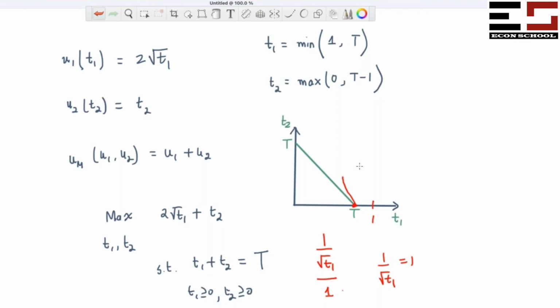So this is how it's going to look. Is this fine? And in that case, the solution will be T. Okay, so that is why I said that it is the minimum of 1 comma T. So if T is less than 1, then the solution is T. If T is greater than 1, then the solution is 1.